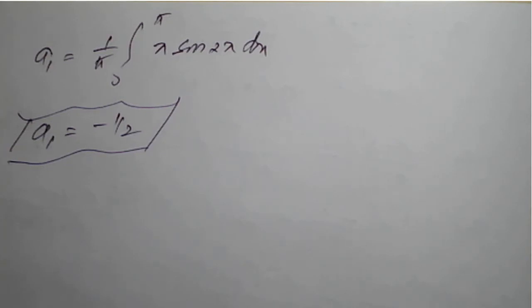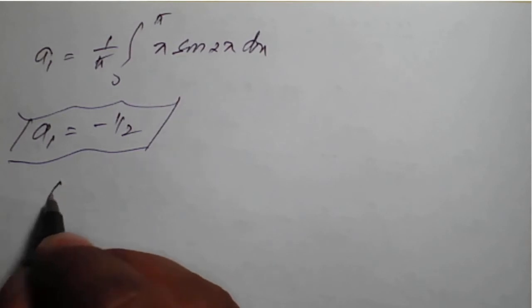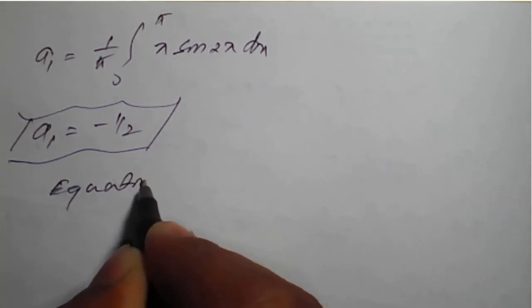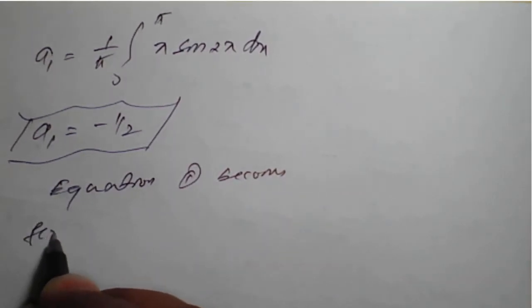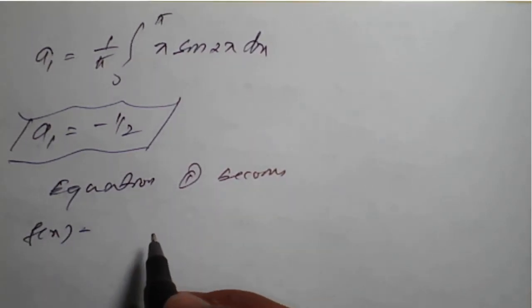Therefore, equation 1 becomes f of x is equal to a naught value.